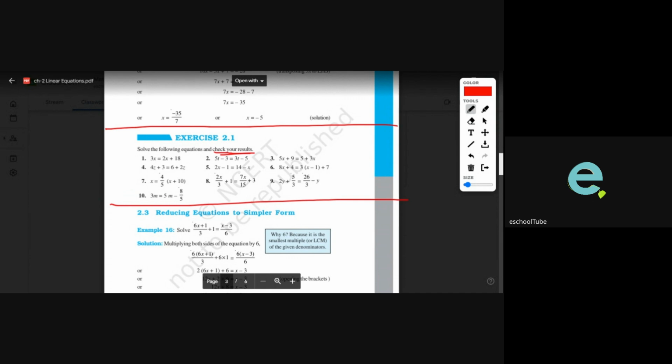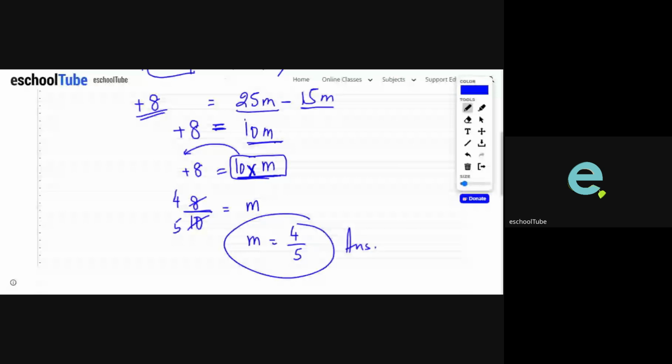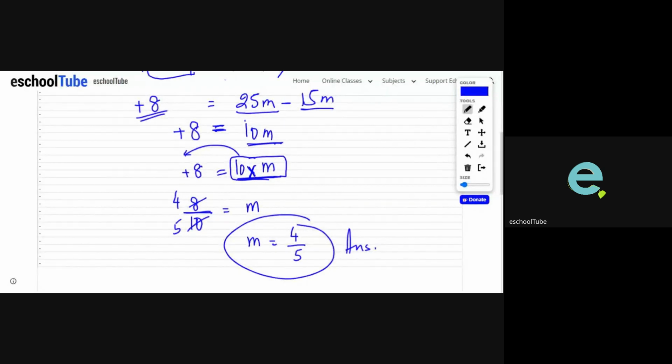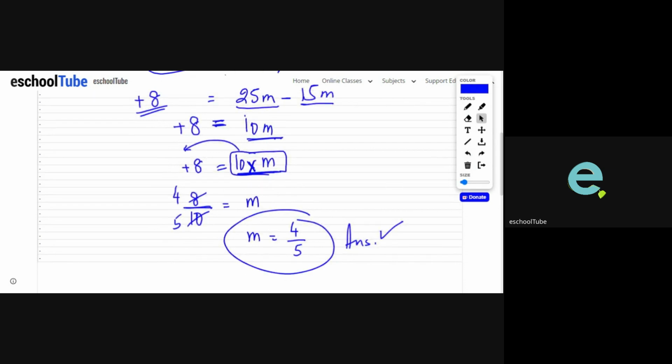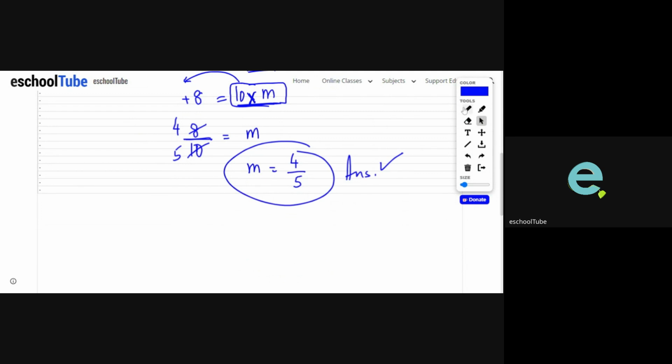For example, अभी जो हमने किया, for example, this question we found m is equal to 4/5. Then you have to do the check also. So how will you check this answer?